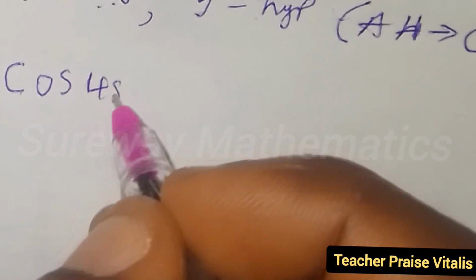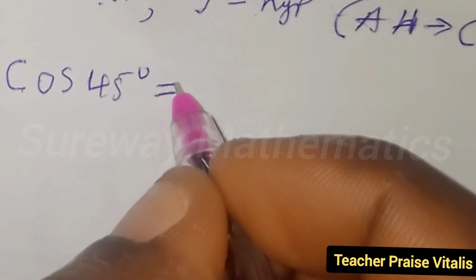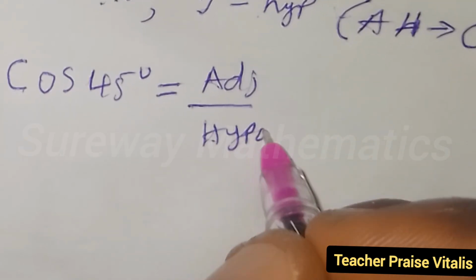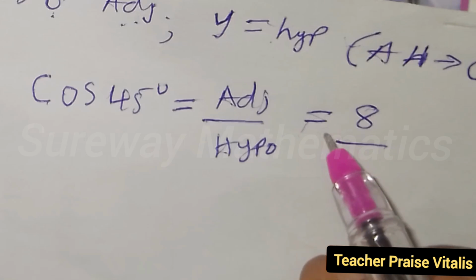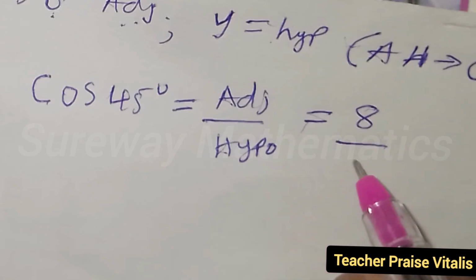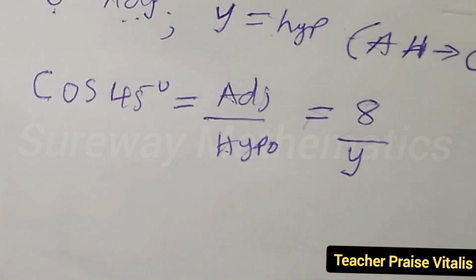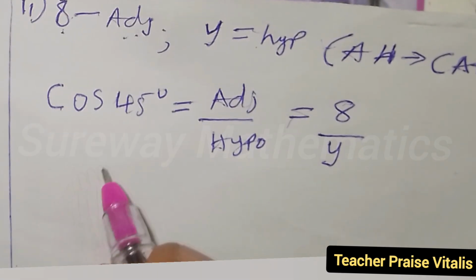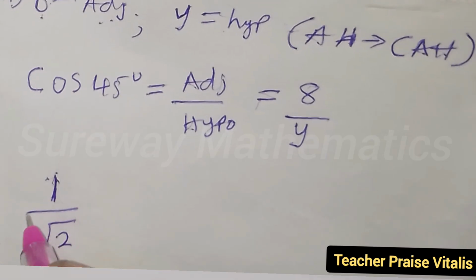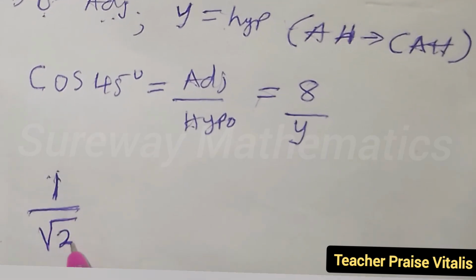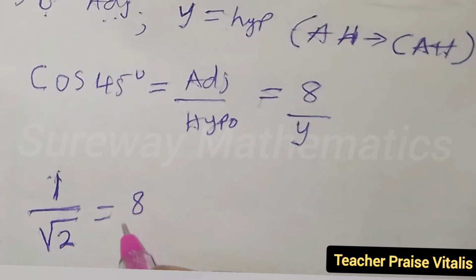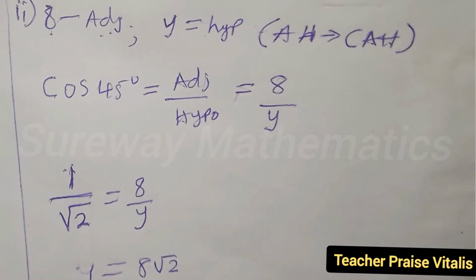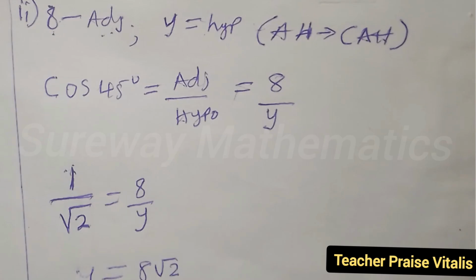That's cos 45 degrees equals adjacent over hypotenuse, where the adjacent is 8 and the hypotenuse is y. Now from the special trig ratios, we substitute cos 45 as 1 over root 2, which equals 8 over y. Cross multiply to have y equals 8 root 2.